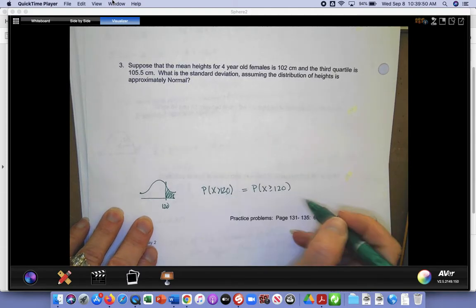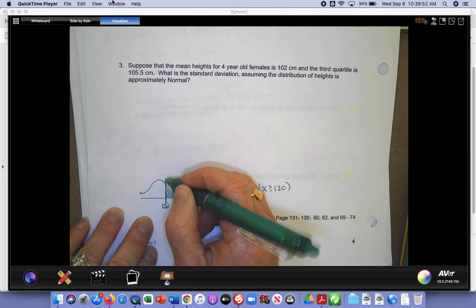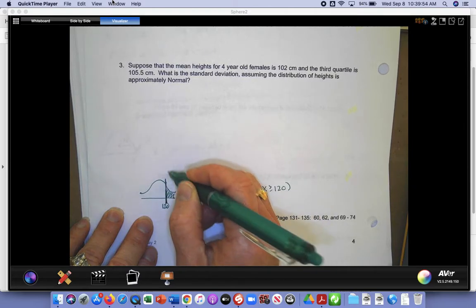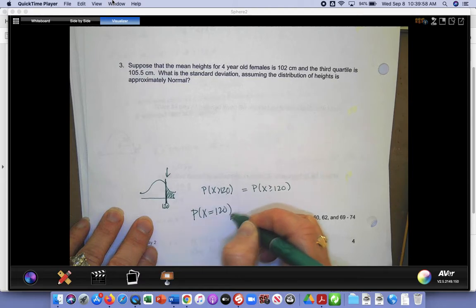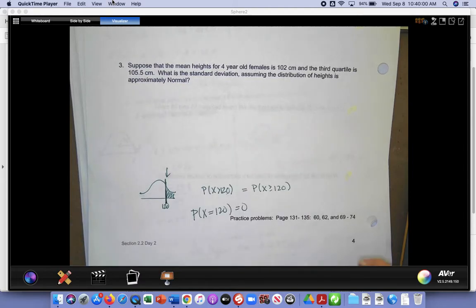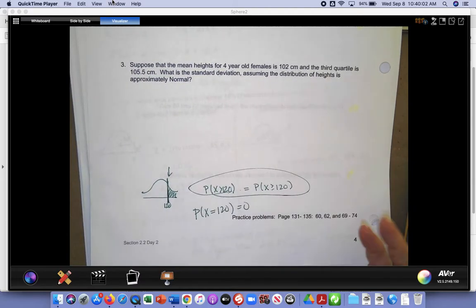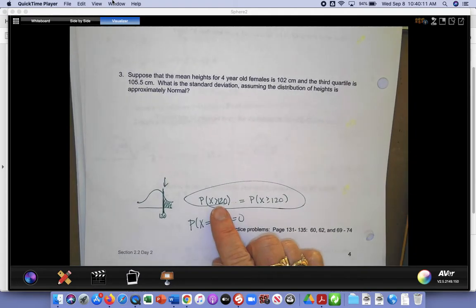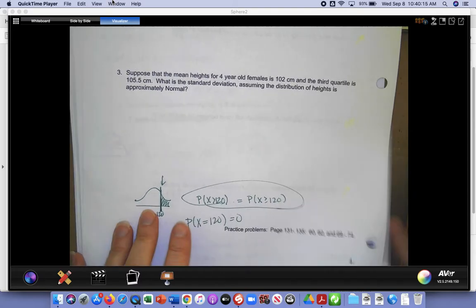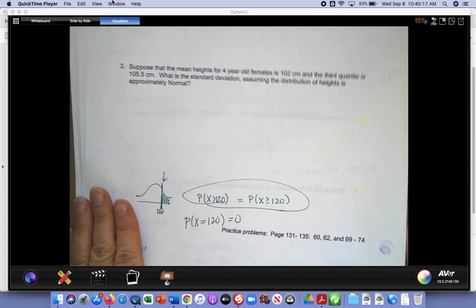Those answers are equal to each other. The reason why is because I'm finding area, and the probability of being equal to 120 is going to be 0 because there's no area of a line. It's a continuous distribution, so those answers always end up being the same. So if a problem says greater than or greater than or equal to, you're still going to do it the same way, so you don't have to worry about distinguishing the difference between those.